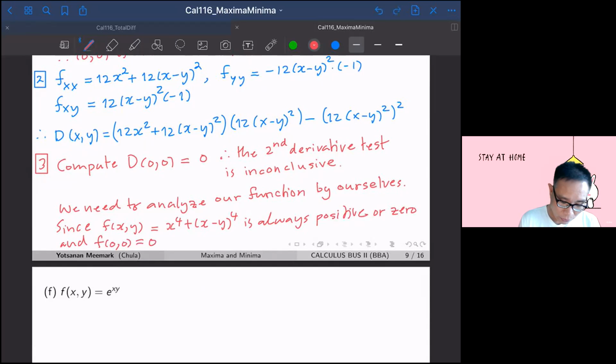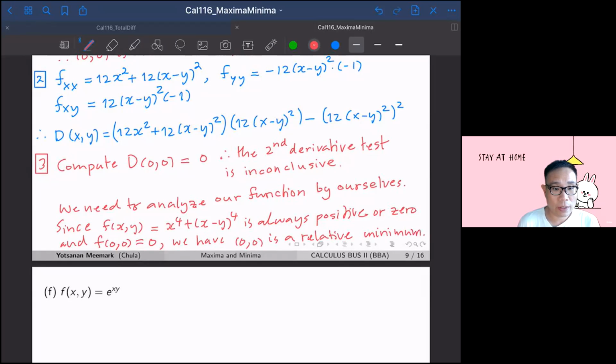So we have f(x,y) is always positive or 0, and f(0,0) turns out to be 0. So (0,0) is a relative minimum.